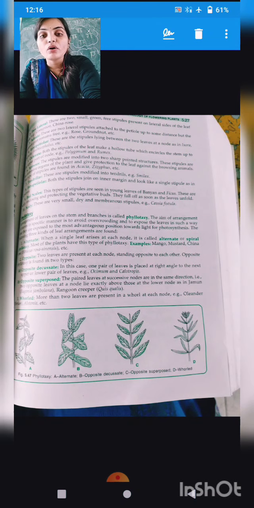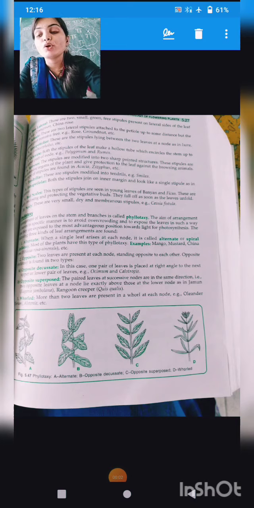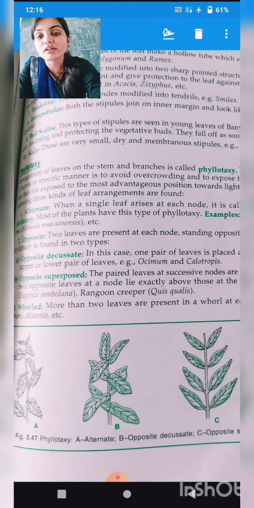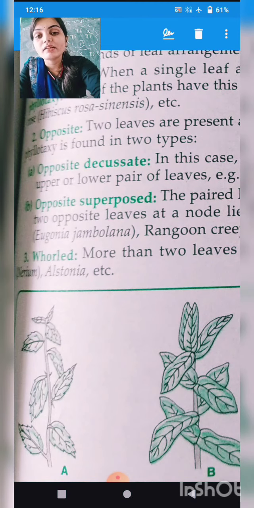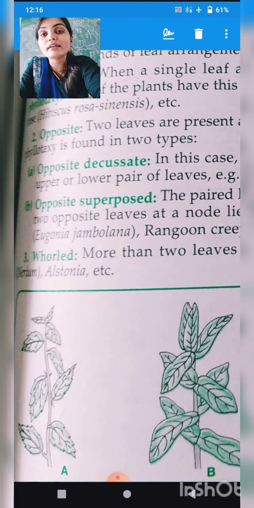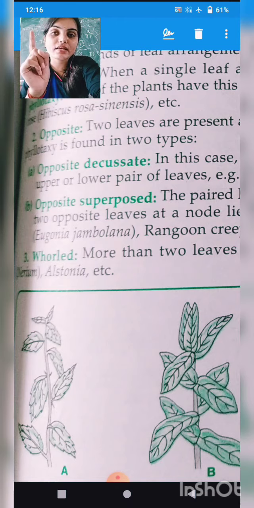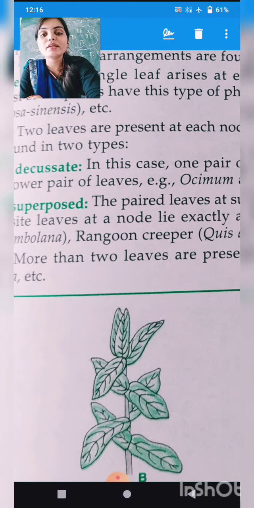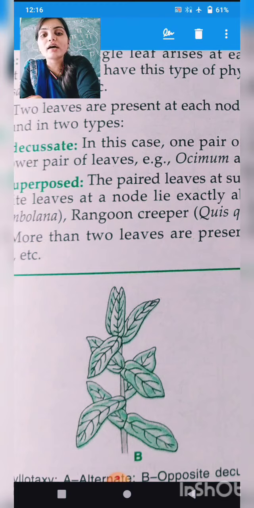Now in the diagram you can see how the leaves are arranged with each other. In the very first diagram the leaves are arranged alternately, on opposite sides, meaning one leaf is here, then at the upper side one leaf is in the opposite direction. In B you can see the leaves are opposite to each other at the same place.